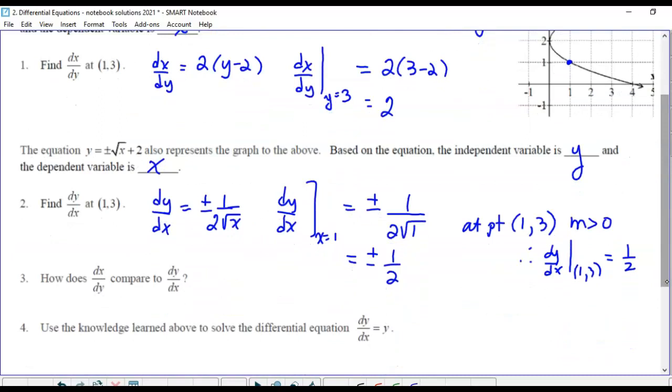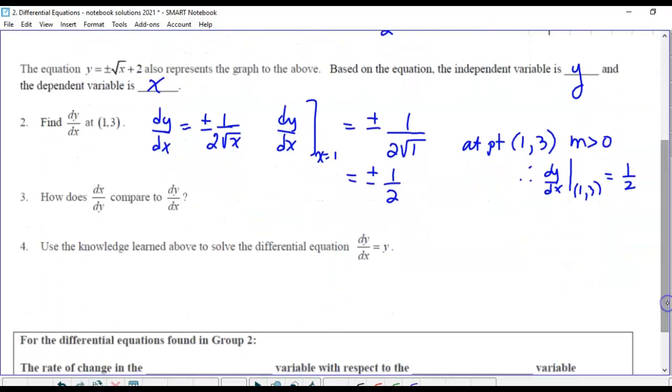So basically, if we're given a differential equation where it's expressed in terms of the dependent variable, we can take the reciprocal to get the equation, to solve the equation, and then convert it back. Okay, so these are reciprocals.